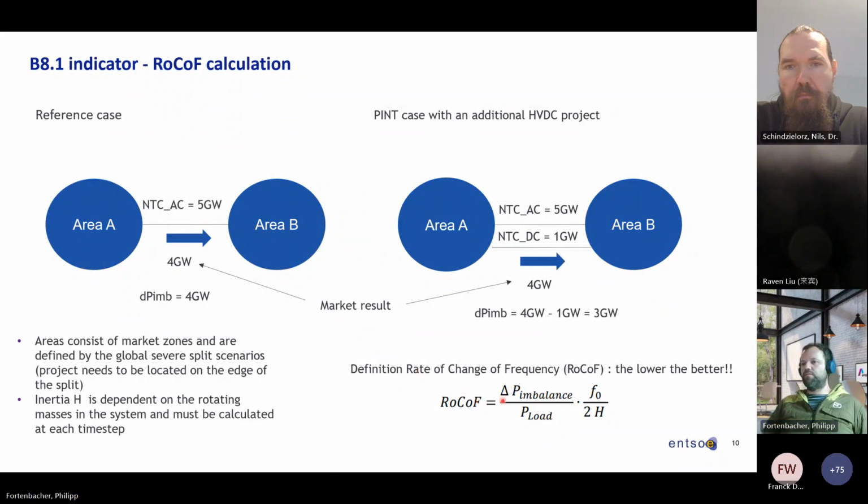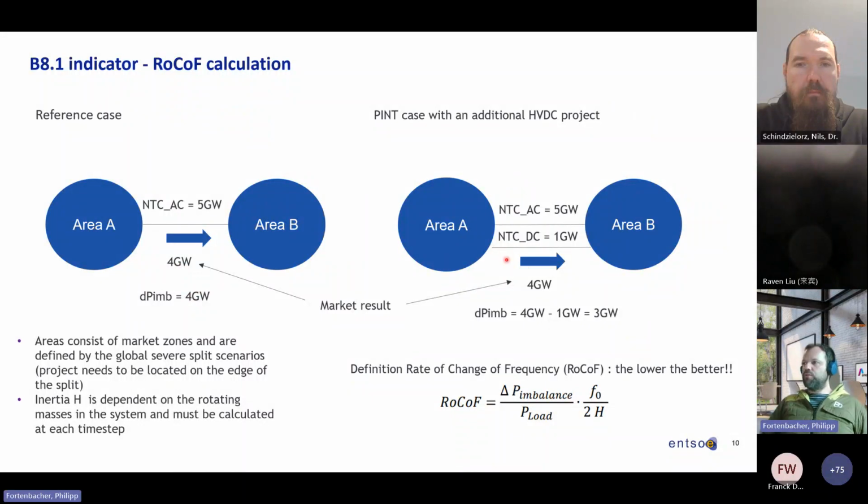So here in this equation, now let's look at the reference case. This could be a market simulation where we have an NTC capacity of 5 gigawatt, and the market simulation will determine that 4 gigawatt will flow from area A to area B, right? If we now have a split, then this 4 gigawatt cannot flow, so we have an imbalance of 4 gigawatt.